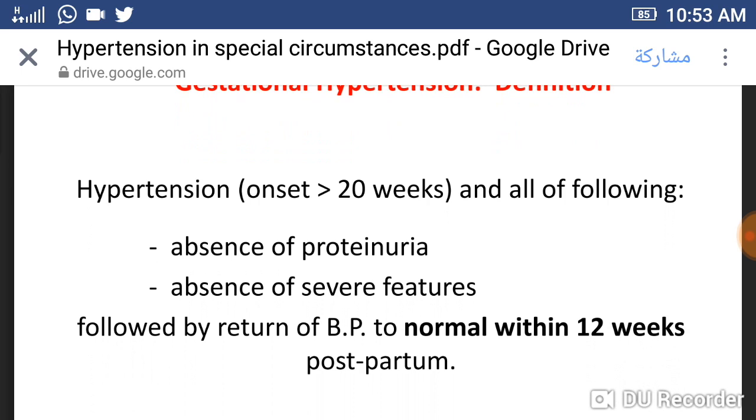So chronic hypertension was before 20 weeks of pregnancy. Gestational hypertension is after 20 weeks of pregnancy and will disappear within 12 weeks after postpartum.